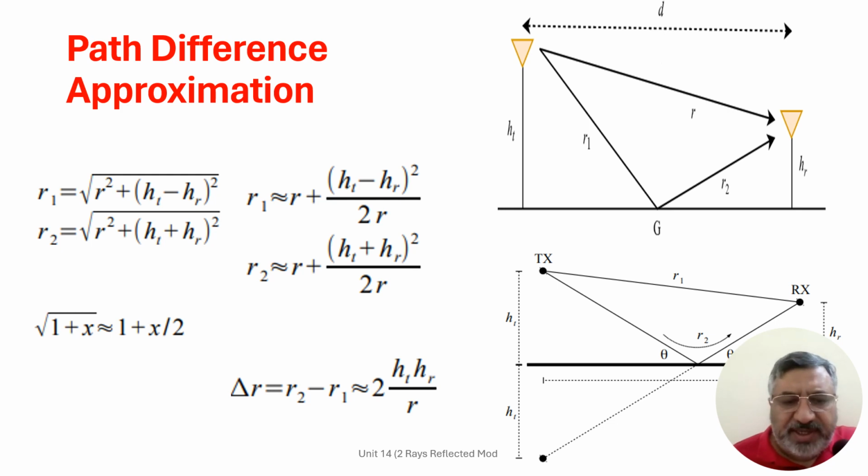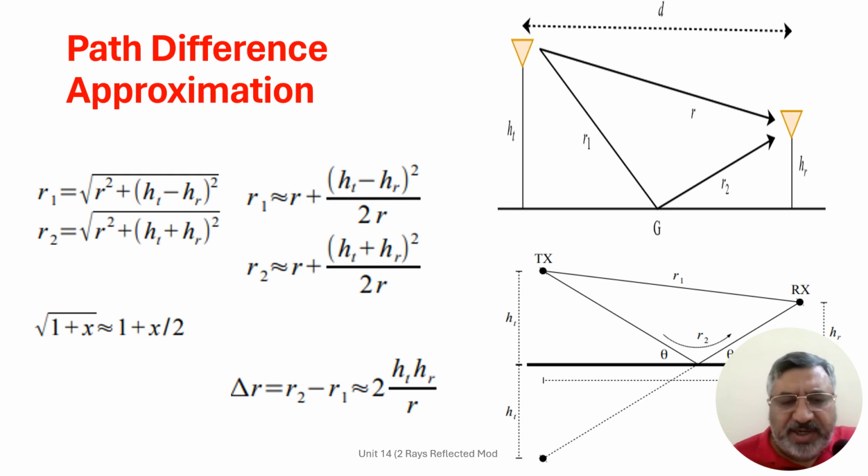So here you will see that we can use the Taylor series approximation, which says that the square root of 1 plus x is approximately equal to 1 plus x over 2. So by applying this approximation, R1 can be written as R plus (HT minus HR) squared divided by 2R.